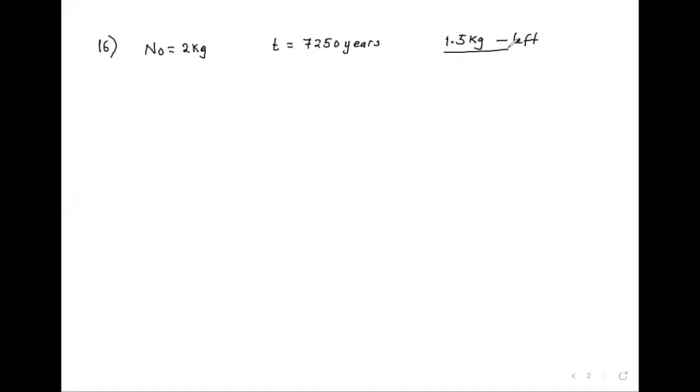So this will be the present, when you get to this time. What is the initial? 2 kgs. And they have asked us to find what? To find the exponential decay equation.